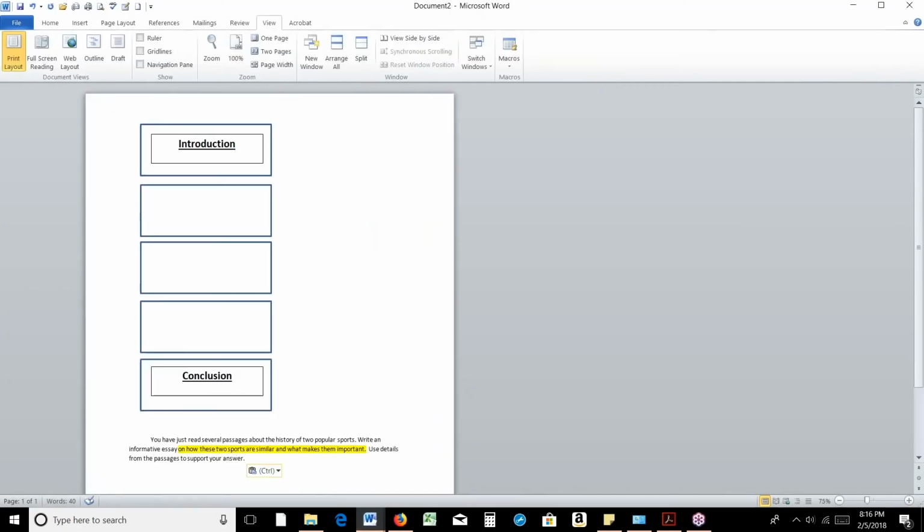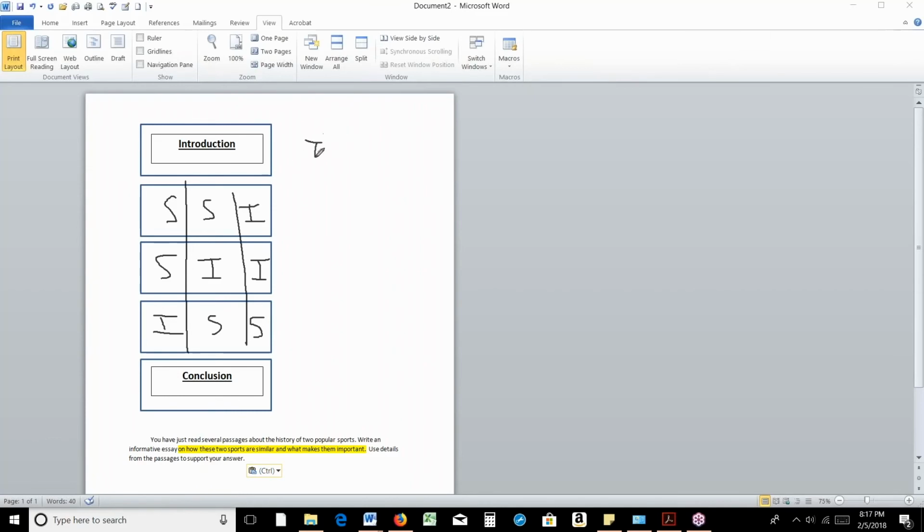All they would do in their planning is either choose 2 ways they're similar and maybe 1 way they're important. Or they can do 1 way they're similar, 1 way they're important, 1 way they're similar. Or they could do 2 ways basketball and baseball are important and 1 way they're similar. I want you to show your kids that there's many different ways to set this up.